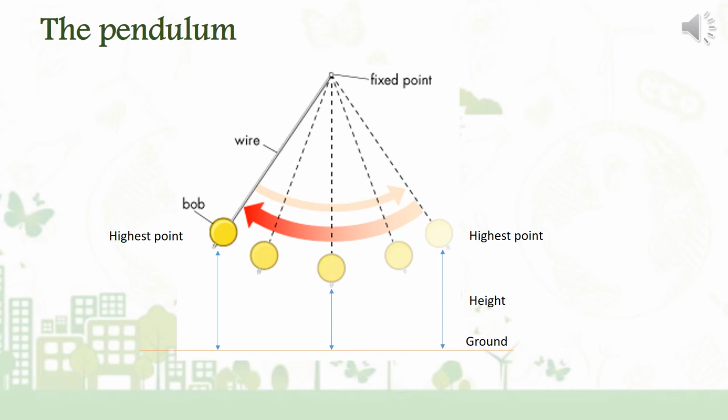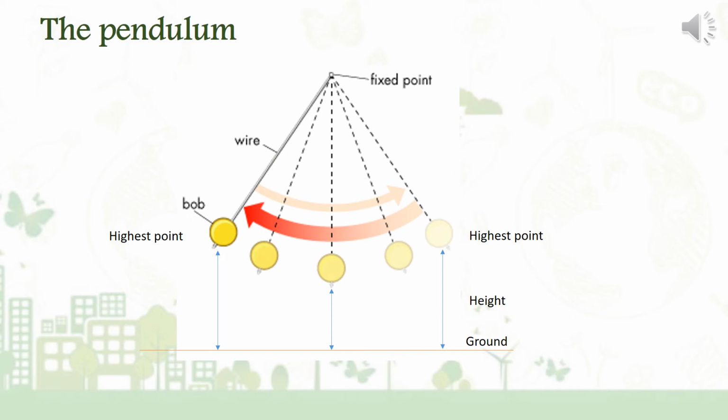So the potential energy is converted into kinetic energy, and again on the other side at the highest point it is getting the maximum gravitational potential energy. So when there is no friction, this pendulum is continuously working at the same speed.